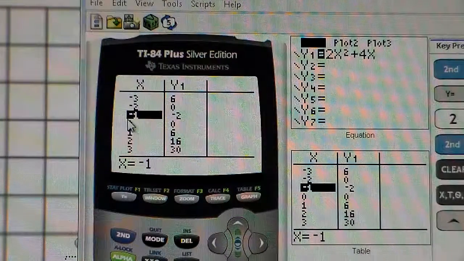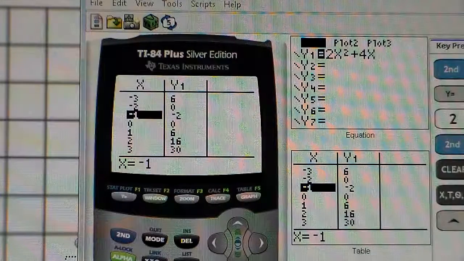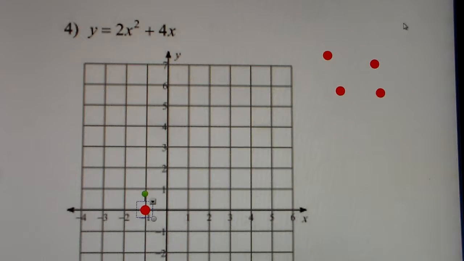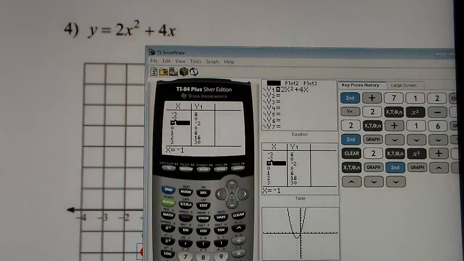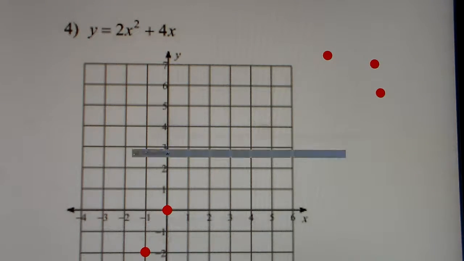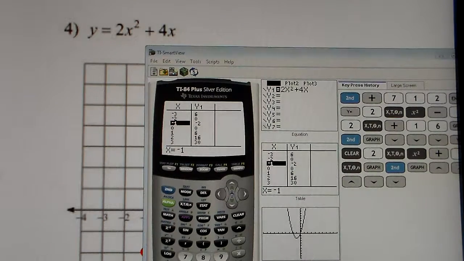So in our table, at negative 1, negative 2 is our vertex. So our point, negative 1, negative 2, that's our first coordinate. Our next coordinate is 0, 0: 0 up, down, 0 left, right. And 1, 6.